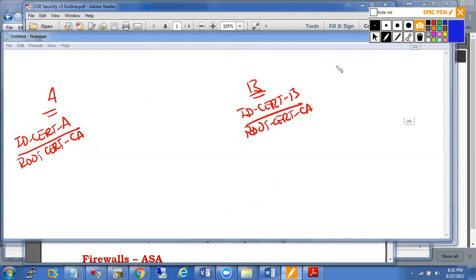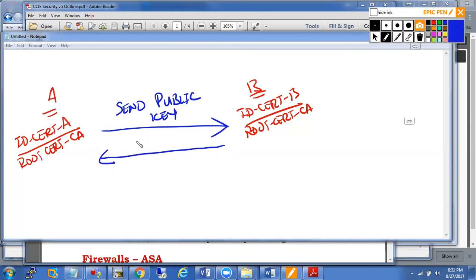Now when the communication works, A sends a message to him, send public key. What does B send over here? ID cert for B, which has a signature based on the root certificate. So at this point, I'm going to use the root certificate to validate that this person is really B, because it's got the signature of the CA server.